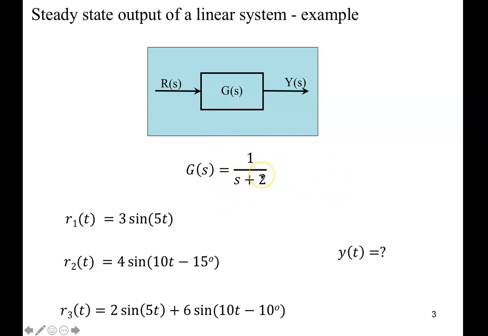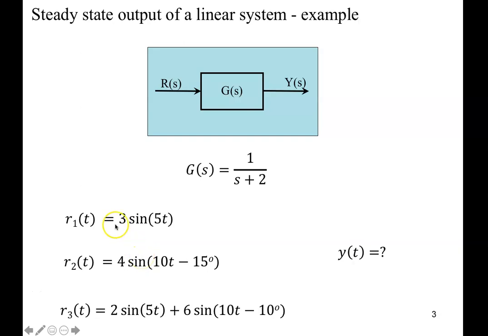We get half. But for frequency response, if my input is a sine wave, then I can't replace s by 0 anymore. What I do is replace s by j omega naught, where omega naught is whatever frequency you have for the input signal. So I'm going to assume 3 different input signals.